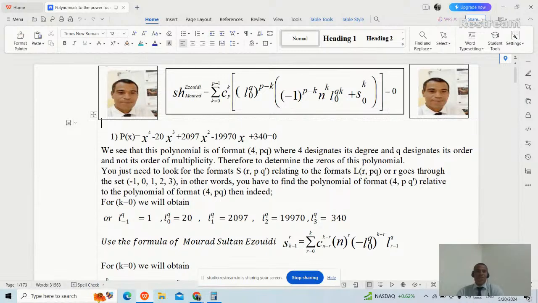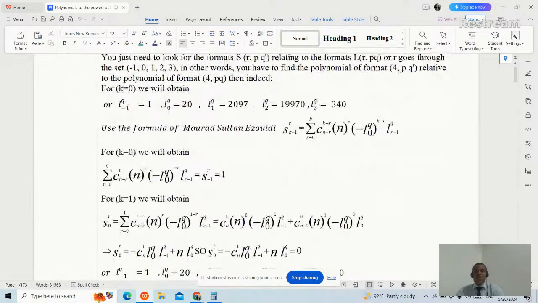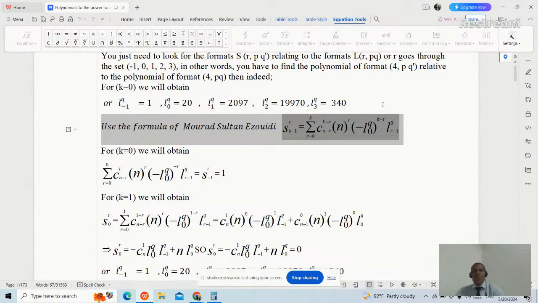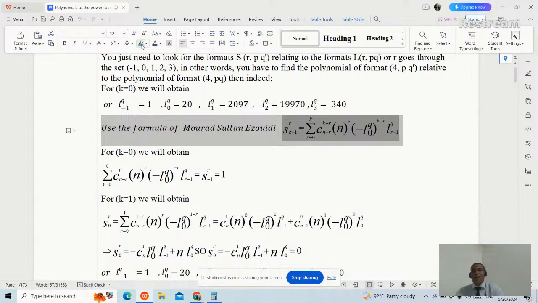So learners, here we are going to use this formula, the formula of Mr. Mourad Sultan Ezouidi. It's very important. Every learner, every student, every teacher can use it to find the roots of any polynomial to the power 6, 9, 18, 20, 30, and so on.